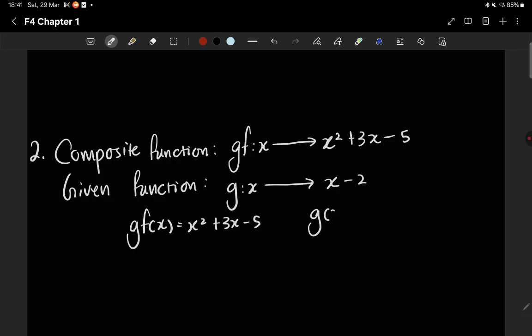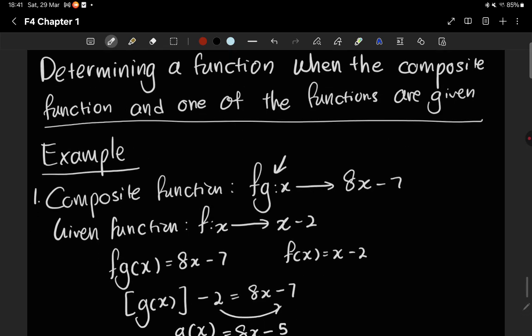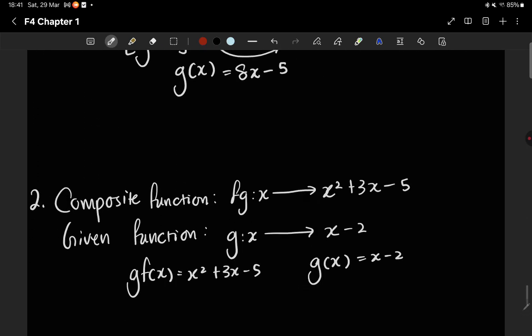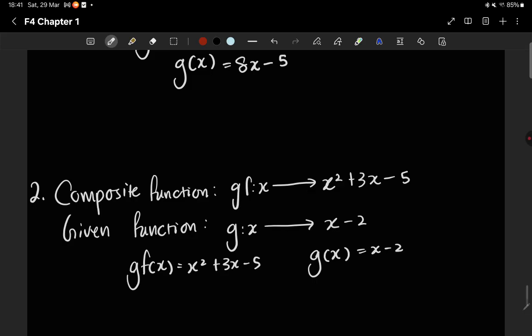And this is the function g of x equal to x minus 2. So again, our g of x acts as the x value. Sorry, what am I doing here? Wait, f should be the outside. Okay, yeah.